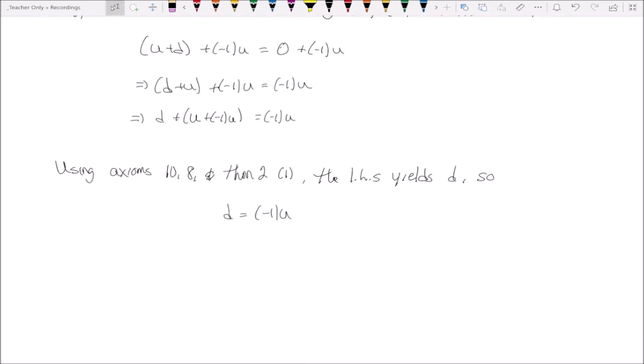So we're showing that we assume that d is another additive inverse. This is actually equal to the original additive inverse -u. So this shows the additive inverse is unique, which is what we set out to prove.